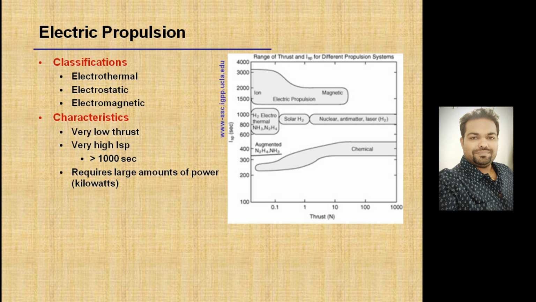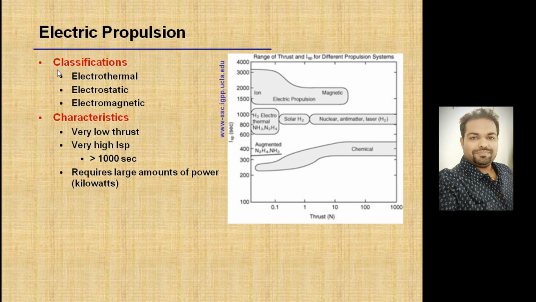These are preferable compared to chemical rockets, and chemical rockets are particularly used for launching the spacecraft from the ground to low Earth orbit. After that, these small rockets can be used for controlling the spacecraft in the orbit or in orbit-to-orbit transit.